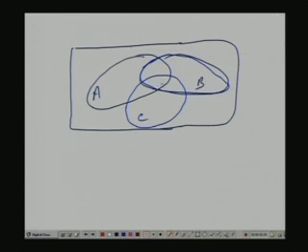That intersection with C will be what? This part. So, what is A intersection B or A product B and then product with C? That is actually the overlap between A, B and C, the common part, that is this part. Similarly, if you consider B product C first, that will be this entire region. That intersection with A will be what? Only this. It should be the same.